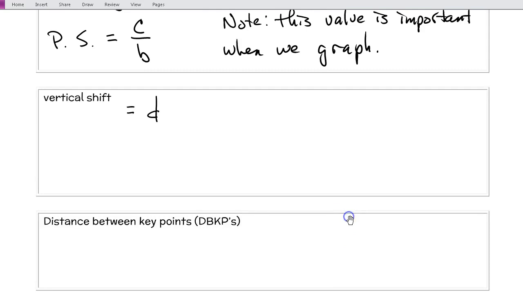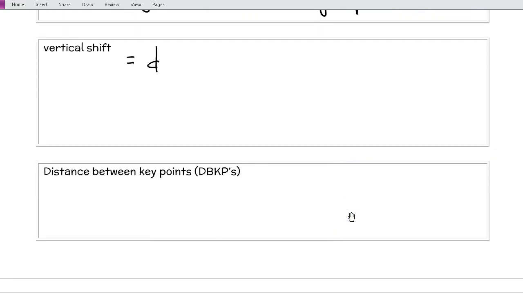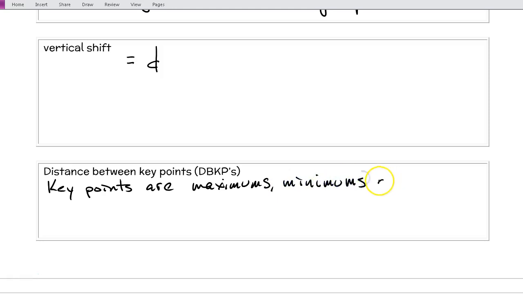And then distance between key points. So key points are maximums, minimums, or places halfway between.